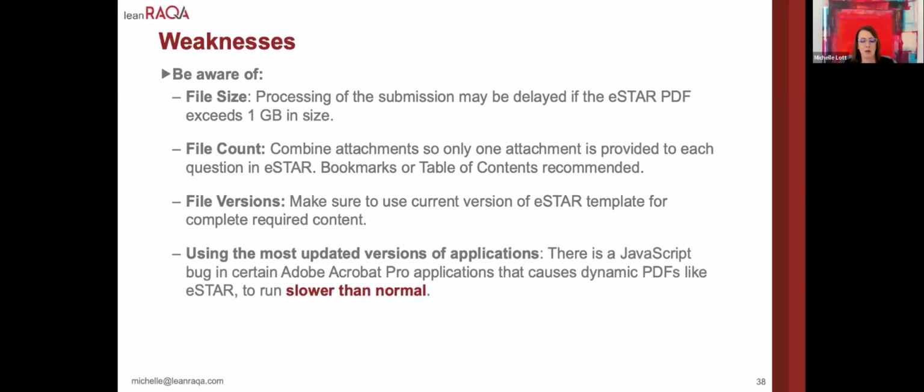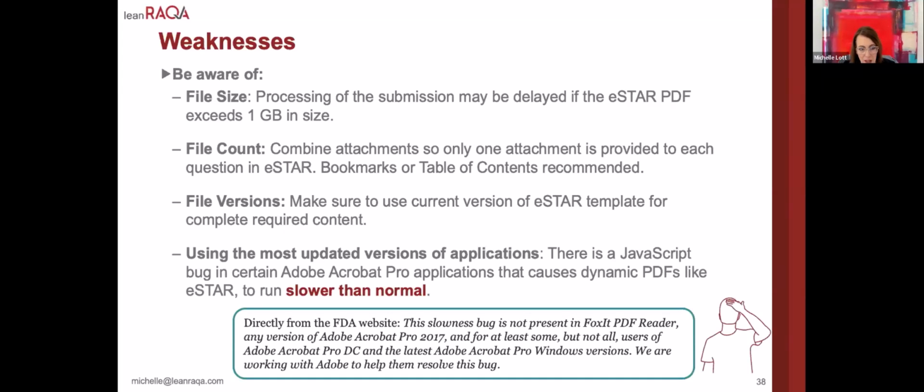There is a known JavaScript bug in certain Adobe Acrobat Pro applications that causes dynamic PDFs like eSTAR to run slower than normal. This is even directly on the FDA's website, where they warn you of this and warn you of which ones are more friendly, and that they are working directly with Adobe to resolve this bug.